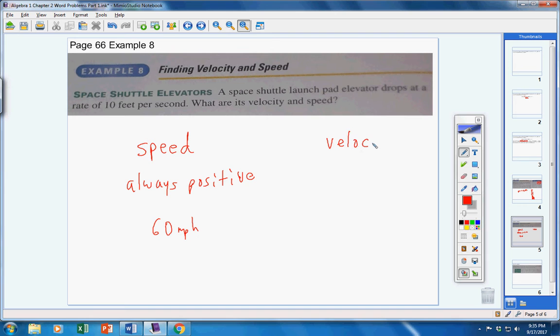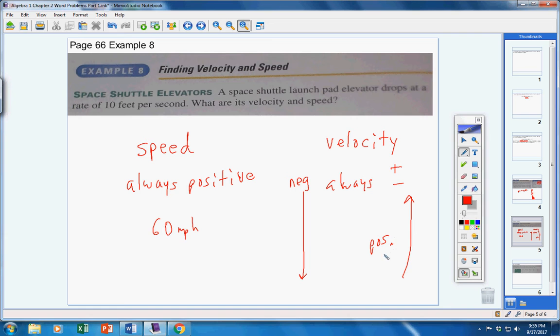However, velocity is always positive or negative. It's one or the other. And it's based on the movement. If it's a downward movement, then we say the velocity is negative. If it's an upward movement, we say the velocity is positive.